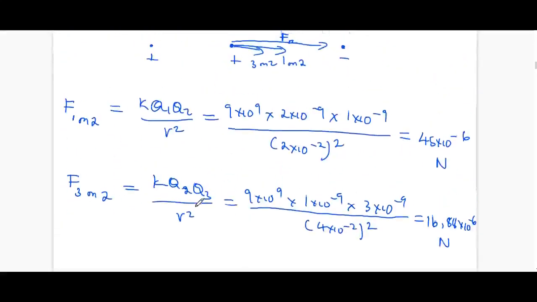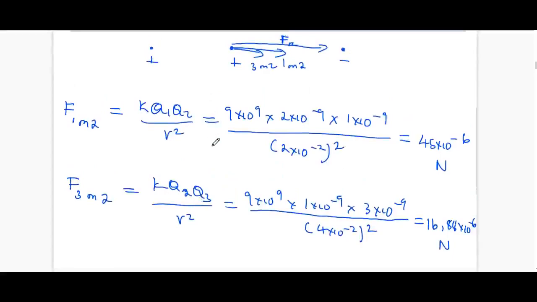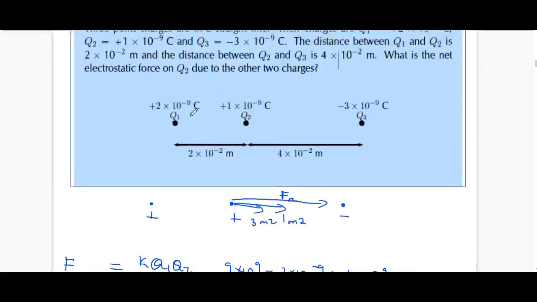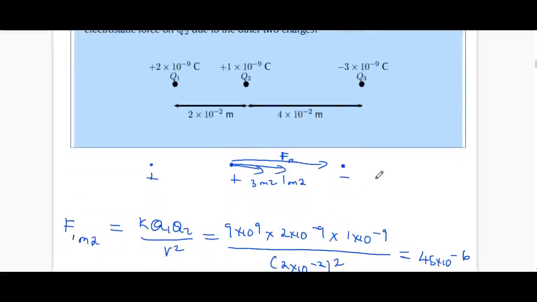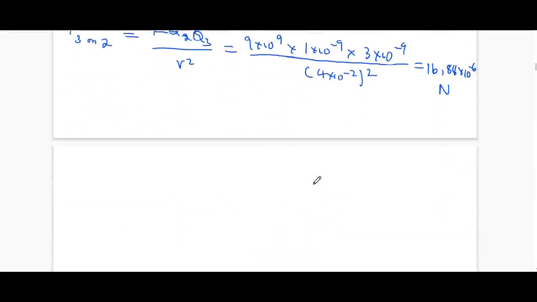So we have calculated the magnitude of Q2 due to Q1, and the magnitude of Q2 due to Q3. Now we have to calculate the net electrostatic force. From this vector diagram we can see that the net vector goes to the right.